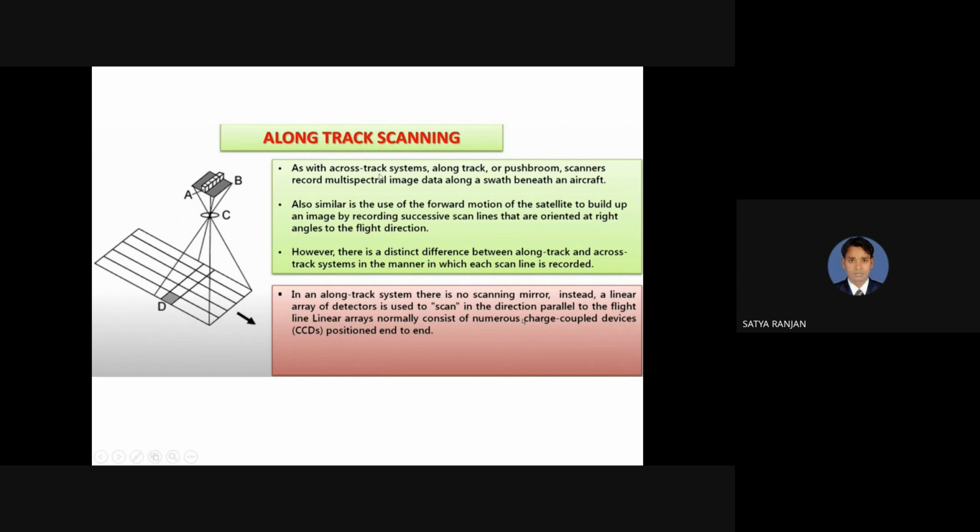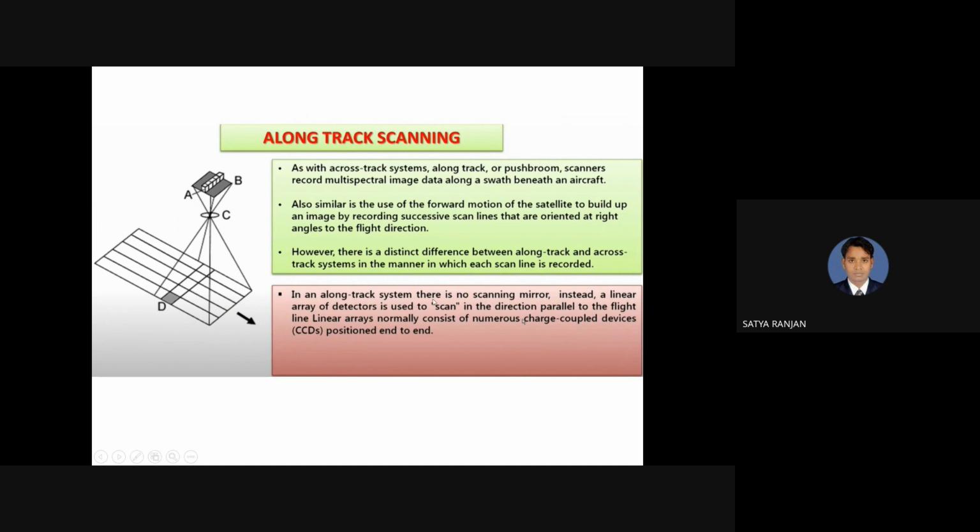As with the across track system, the along track push broom scanner records multispectral image data along a swath beneath an aircraft. So the same direction is scanned. It also similarly uses the forward motion of the satellite to build up the image by recording successive scan lines, oriented at right angles to the flight direction. However, a distinct difference between along track and across track is the manner in which each scan is recorded.